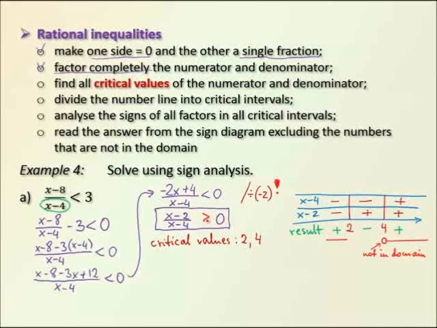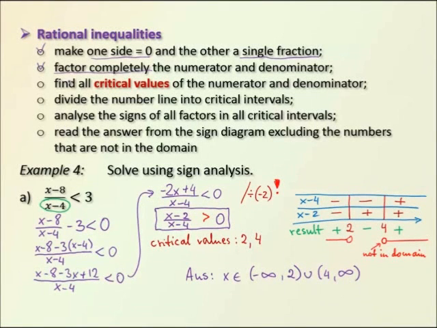But we don't have an equal sign, so no equal sign, no endpoint. Therefore, the final answer is these two intervals, and we can state it as follows. x is any number from -infinity up to 2 without 2, or from 4 to infinity.